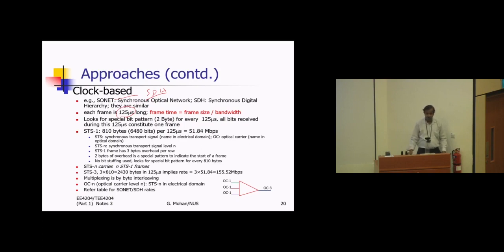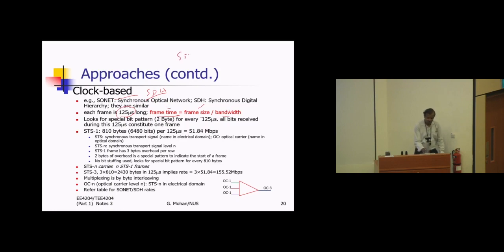one frame. Now, we know that the frame time, when we say bits are received at a rate or bits are transmitted, both depend on the data rate, or bandwidth. We know that frame time equals frame size divided by bandwidth. That is, the duration of the frame depends on the size of the frame and bandwidth. Correct? So, the size depends on time and bandwidth.